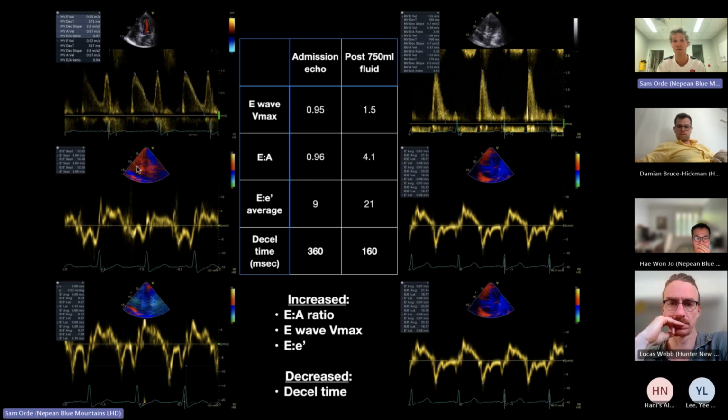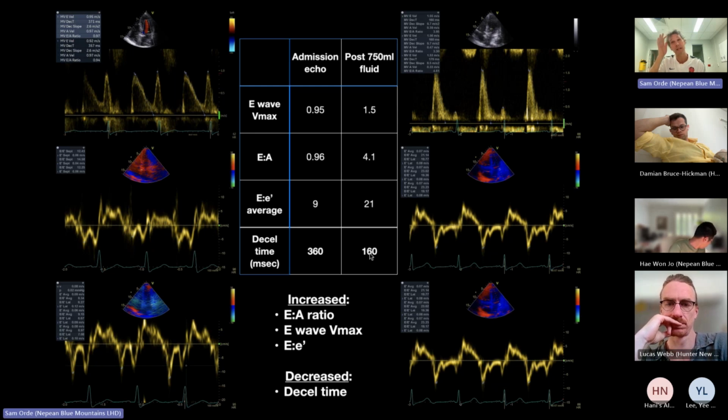I've got an E wave Vmax, the peak velocity of my E wave, which has jumped from about 1 up to 1.5, and we know that's a load dependent measure. And then my E to E prime average jumped from being in this gray zone category up to 21. And the decel time went from being okay to, again, a signal of restrictive filling defect.